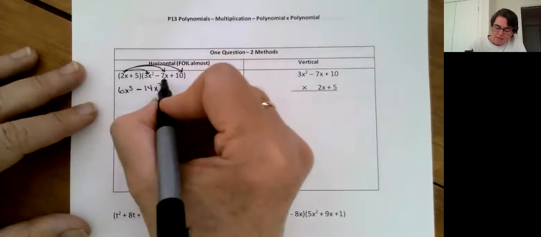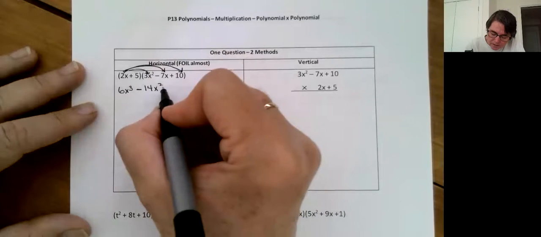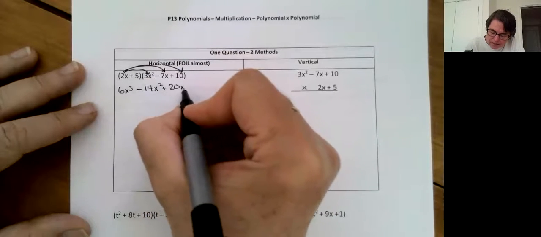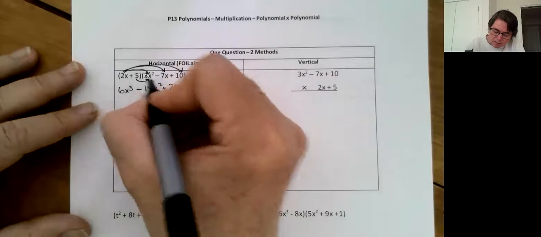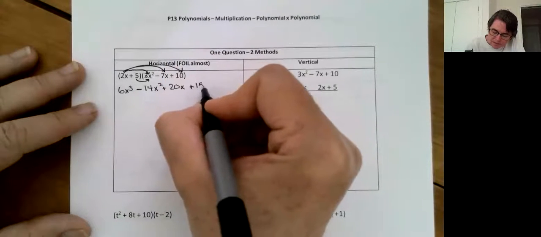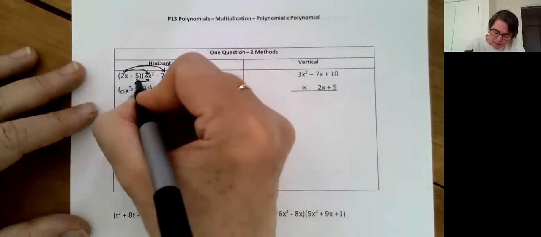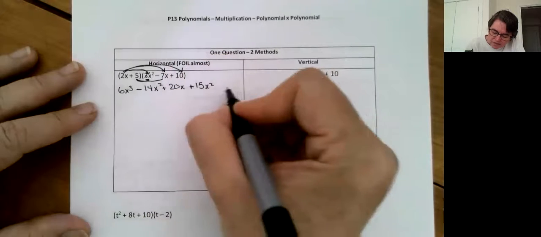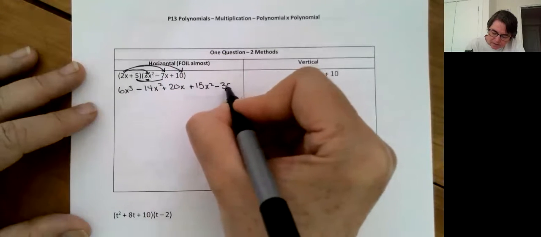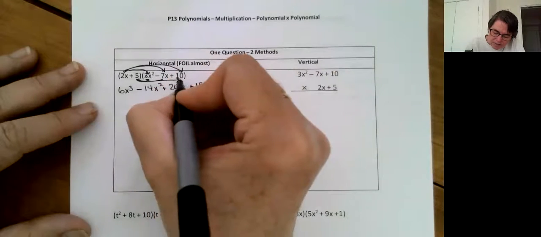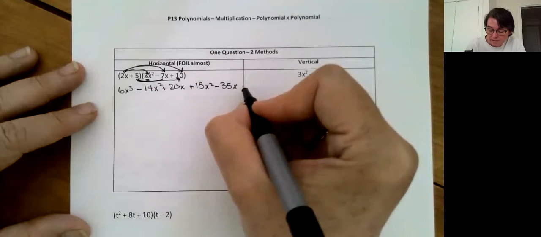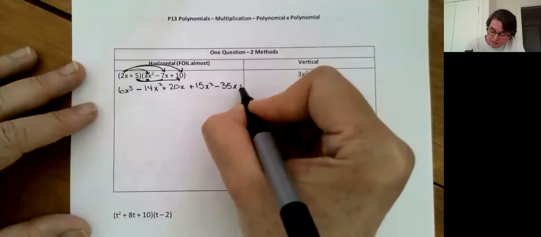This one times everything in the back bracket. So plus 20x. And then we turn around and we go this way. 5 times 3x squared is plus 15x squared. 5 times negative 7x is minus 35x. And 5 times 10 is 50. There we go.